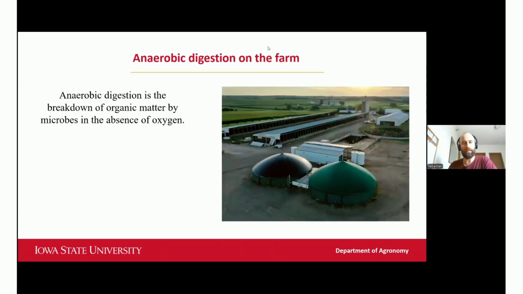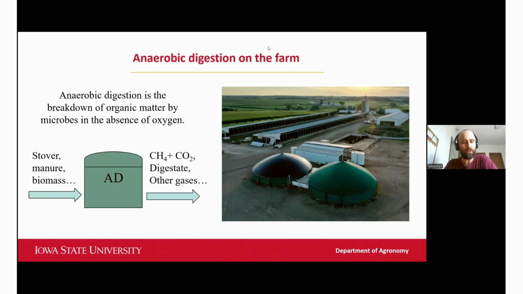So what happens in the farms when anaerobic digestion is present? First, I'm going to introduce the anaerobic digestion process. Anaerobic digestion is the breakdown of organic matter by microbes in the absence of oxygen.